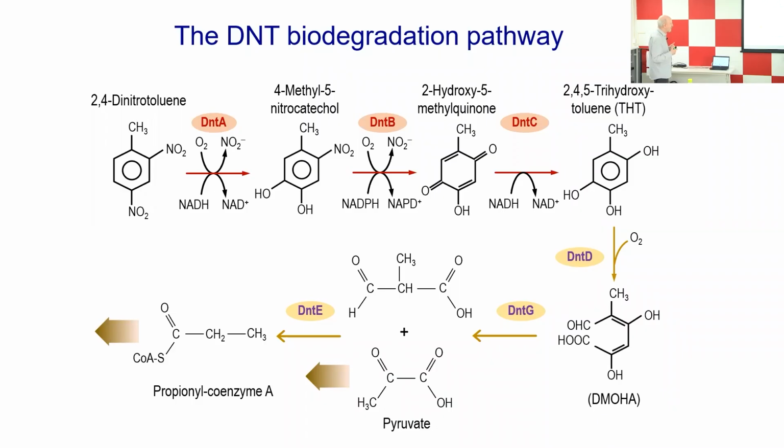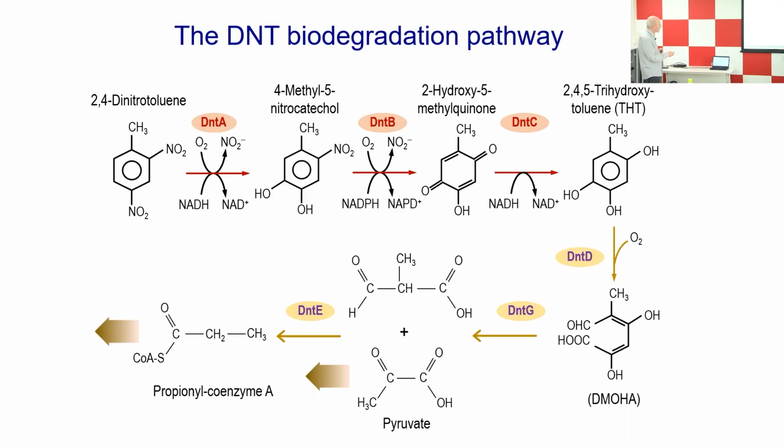The reason for that, which has a very strong logic, is that aromatic rings are very stable, and if you introduce two adjacent OHs at the sides of the ring, then you destabilize that part of the molecule, which then becomes more amenable to further biodegradation. So in general, the most important step in any biodegradation pathway is the first step. Once you form a catechol, the rest is a piece of cake.